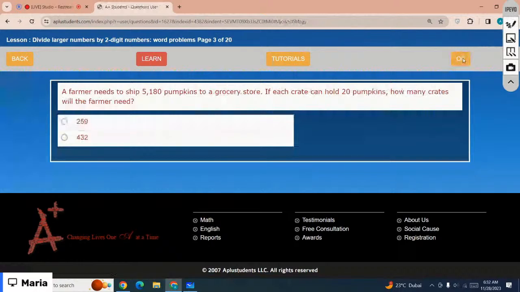A farmer needs to ship 5,180 pumpkins to a grocery store. If each crate can hold 20 pumpkins, how many crates will the farmer need? Which is the correct option?